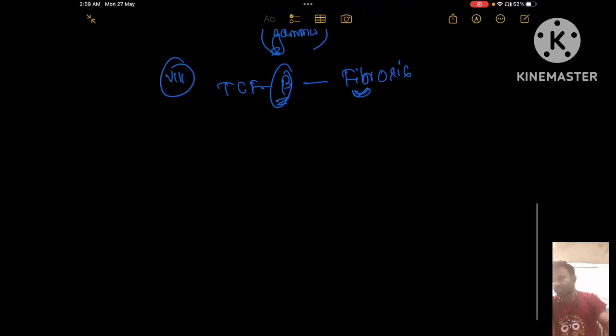Next, there are some drugs called daclizumab and basiliximab. B, second letter, D. In Hindi, do means two.